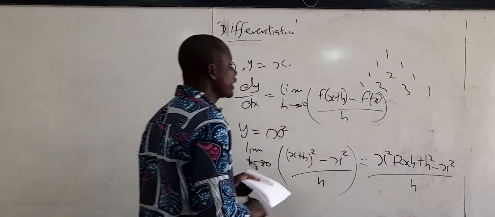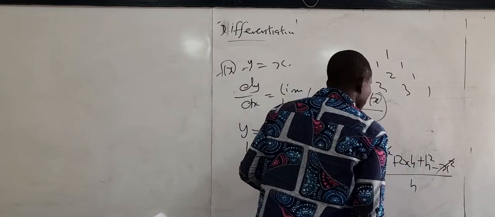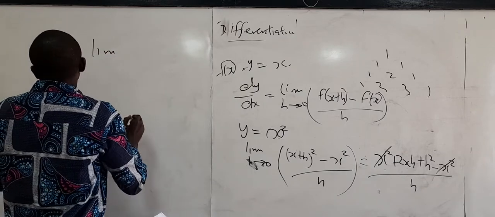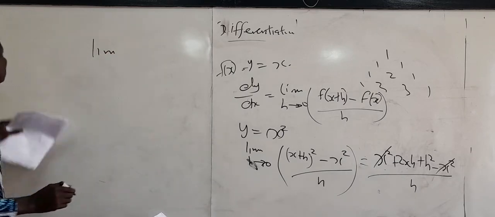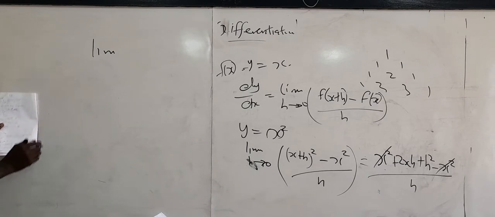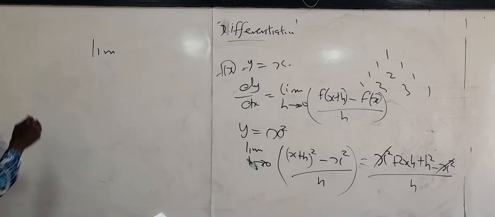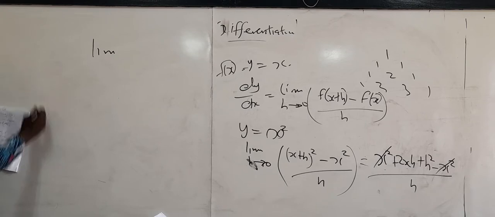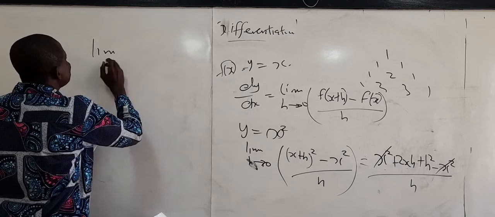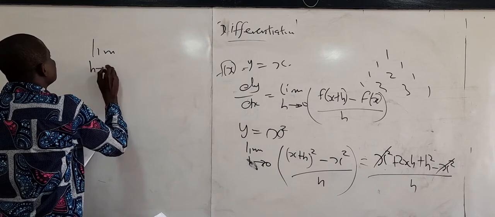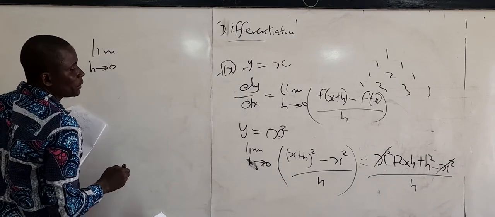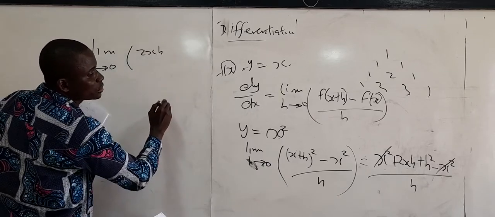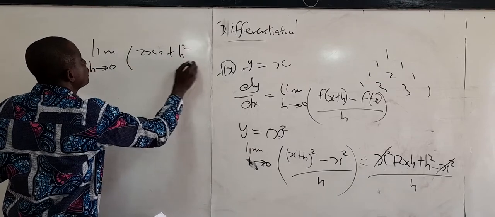So over here, this will cancel this, and we are left with the limit as h approaches 0 of 2xh plus h squared all over h.